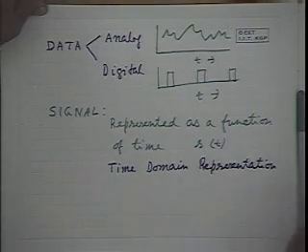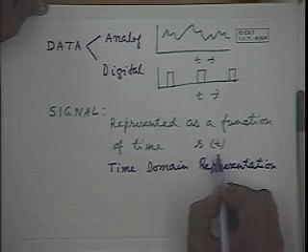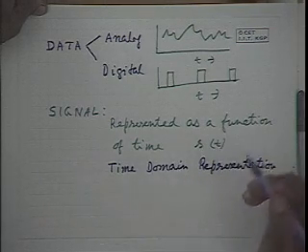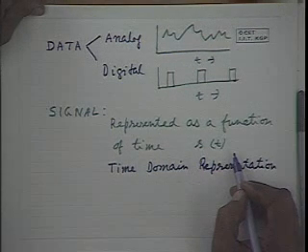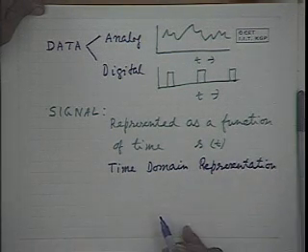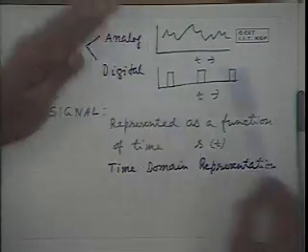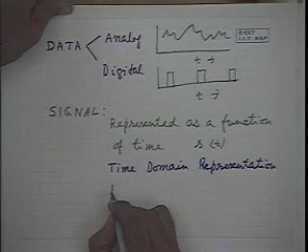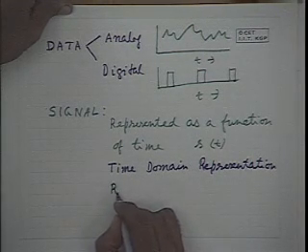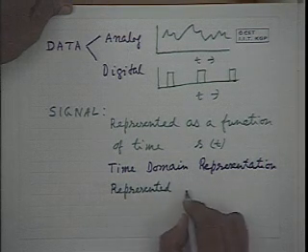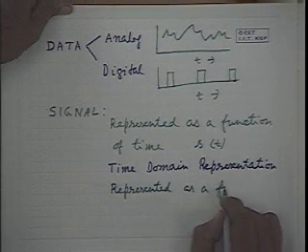We shall see what are the different characteristics or parameters involved in time domain representation. There is another form of representation which is in the frequency domain, where the signal is represented as a function of frequency.